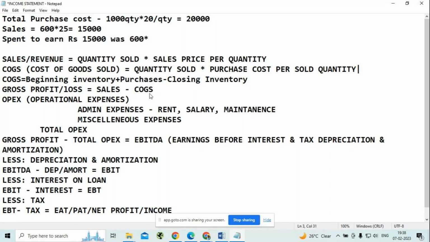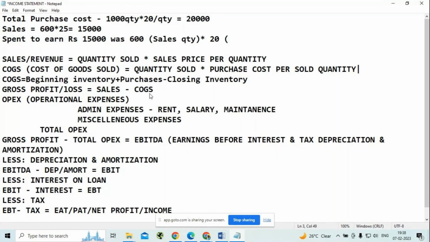See, 600 is the sales quantity, and how much is the purchase cost here for each quantity? 20. Very good.